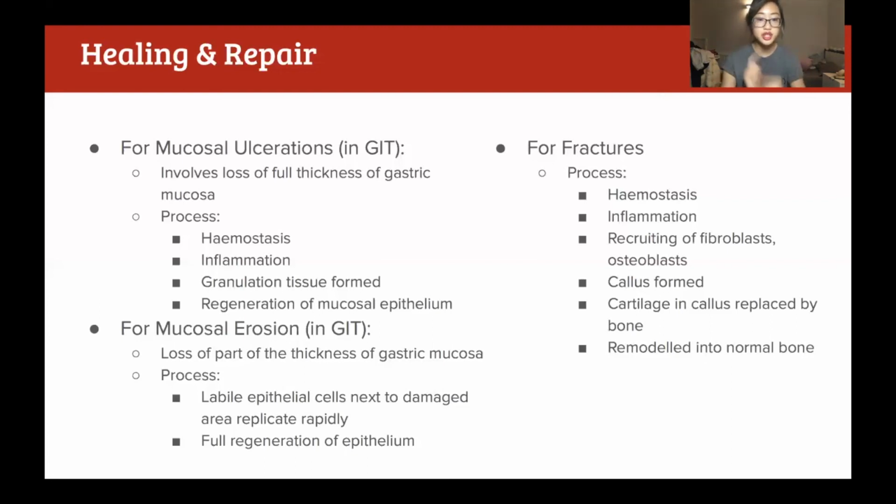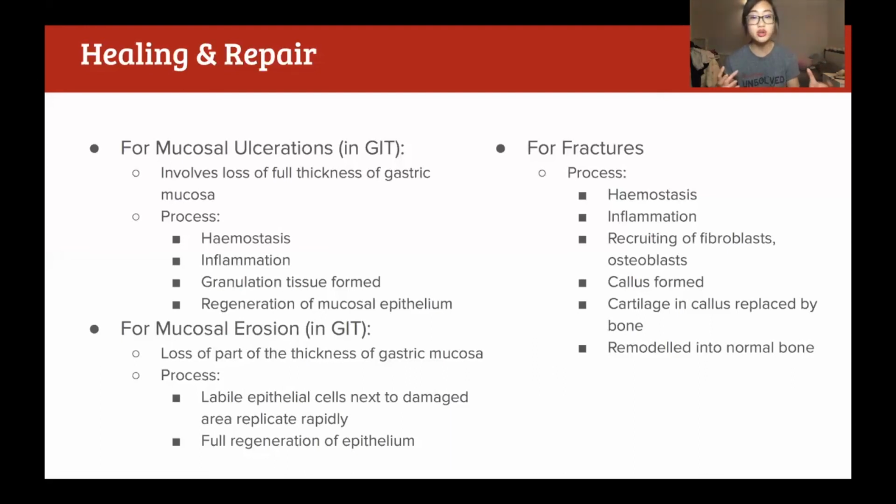Well, that's because in the gastrointestinal tract, there are things just passing by all the time. These things may have a high pH, they may have a low pH, and having a high or a low pH is very damaging to the cells. So that's why the cells in the gastrointestinal tract are always proliferating.